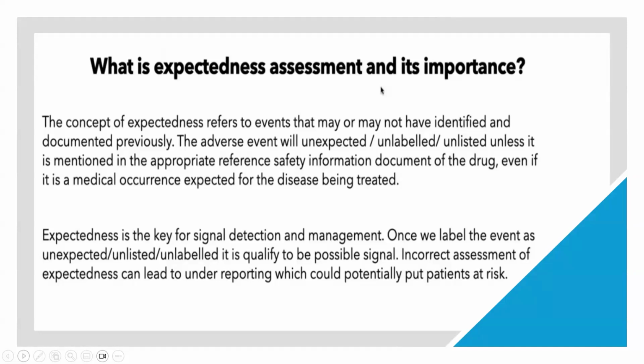So what is the rationale of expectedness or unexpectedness? It is very important during signal detection. If something is expected, then it is fine. But if we are getting something unexpected, it might or might not be a new signal. A signal is something which was previously unknown or incompletely known.